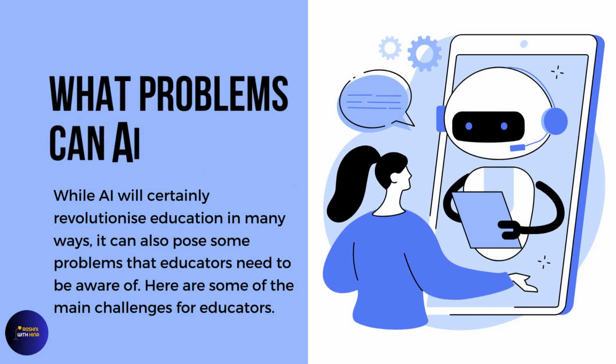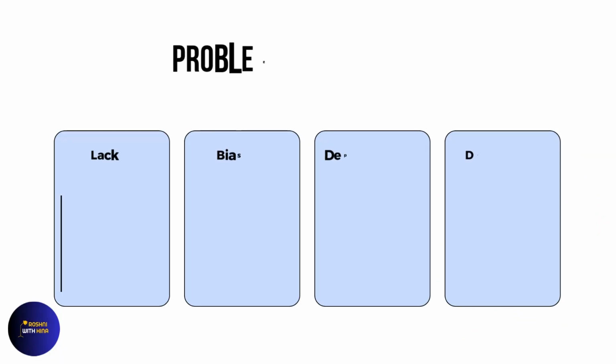What problems can AI pose? While AI will certainly revolutionize education in many ways, it can also pose some problems that educators need to be aware of. Here are some of the main challenges for educators.